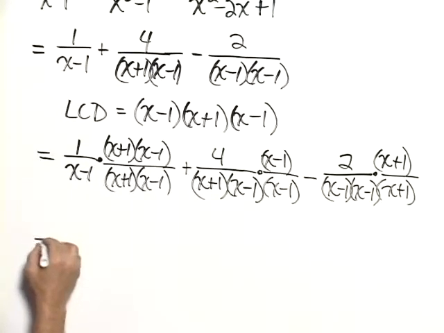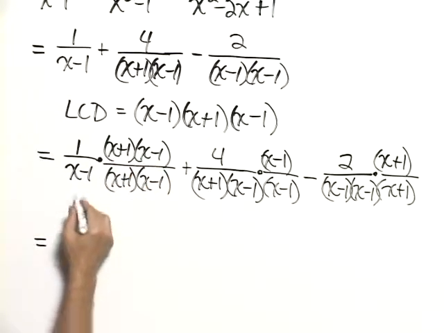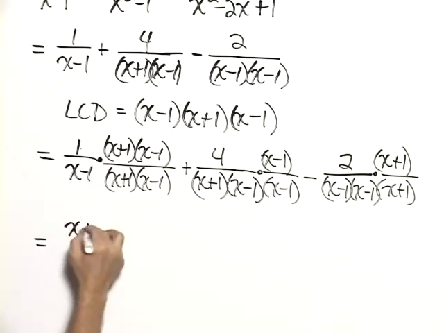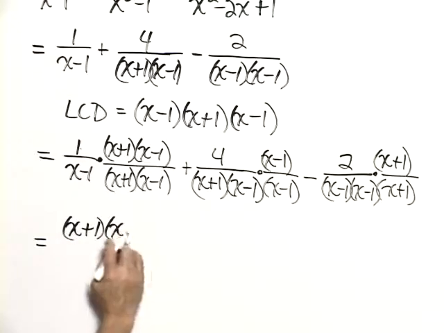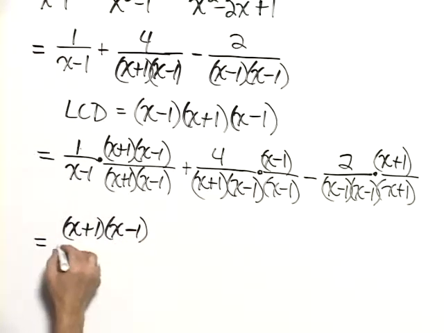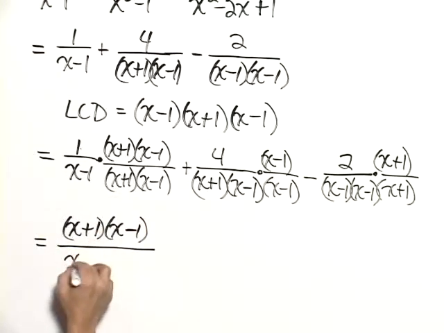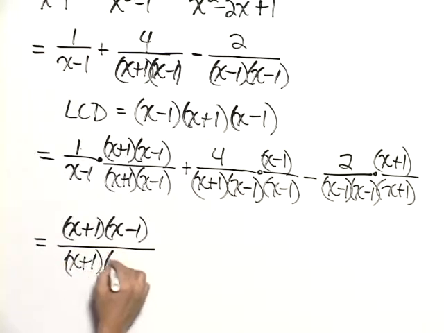This would be equal to, in the numerator, 1 times all of that just gives us x plus 1 times x minus 1. And now I'm going to write the LCD in a slightly different form, x plus 1 times x minus 1 squared.